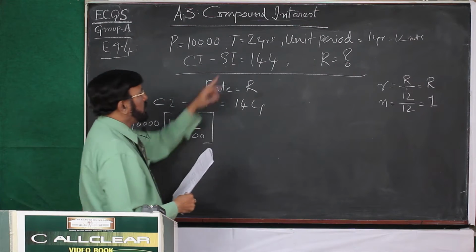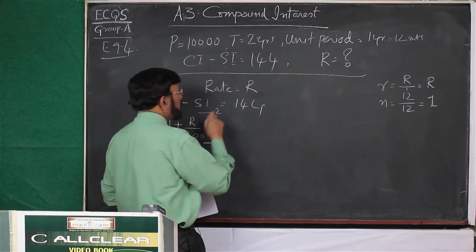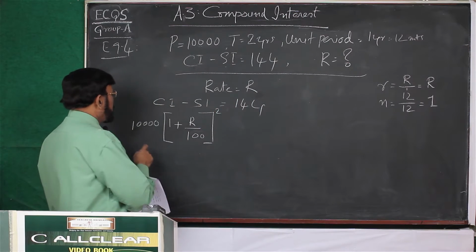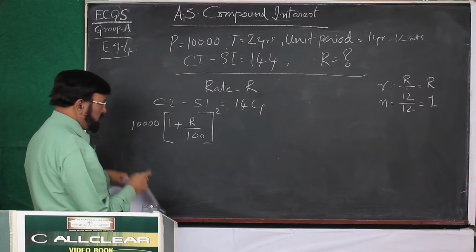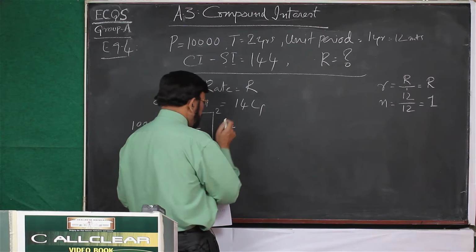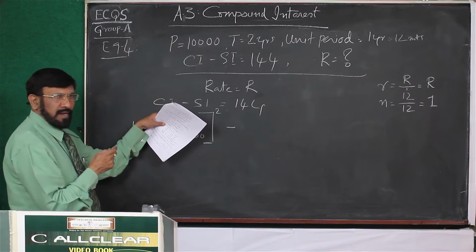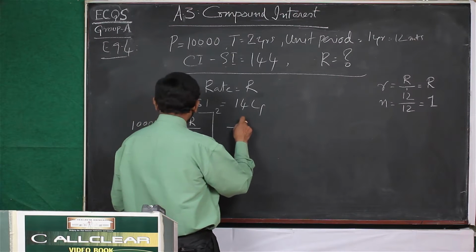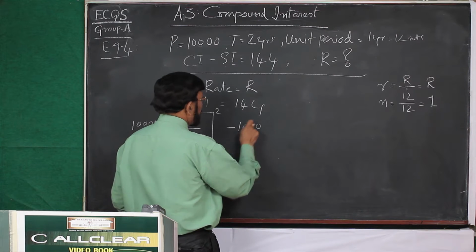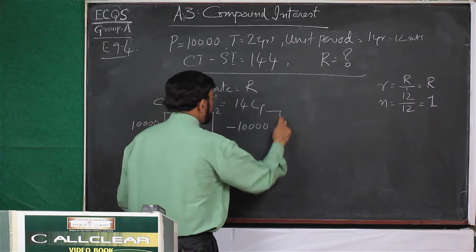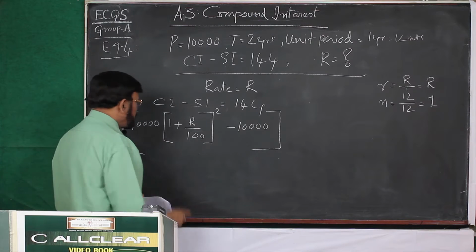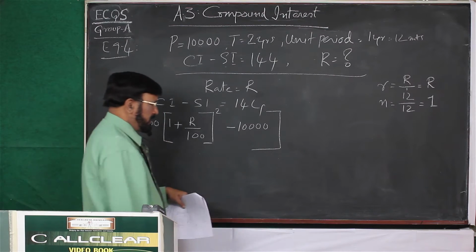Now, time how many years? 2. n is 1, so that is 2 only. So, this is for amount. And how can you calculate compound interest alone? Minus P, that is 10,000. So, if you resolve this, you can get compound interest.